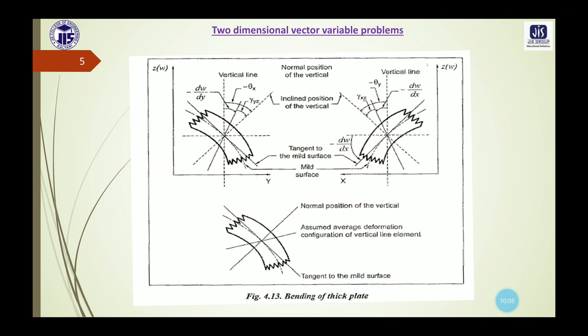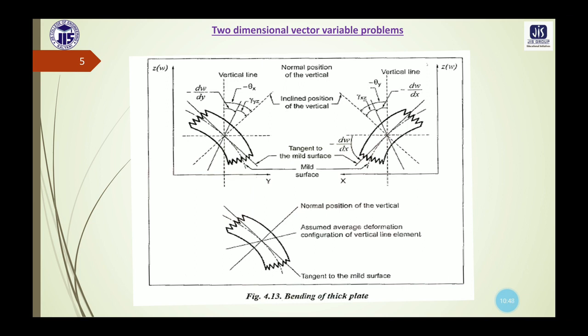Number two, the normal to the plate mid surface before deformation remains straight but is not necessarily normal to it after deformation, whereas in Kirchhoff's theory the normal remains normal.